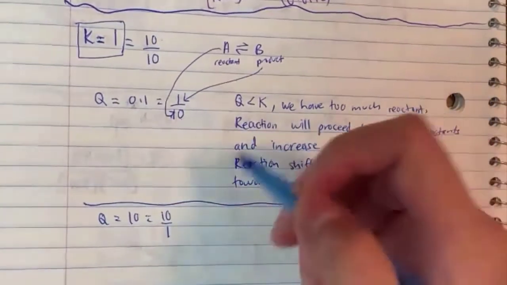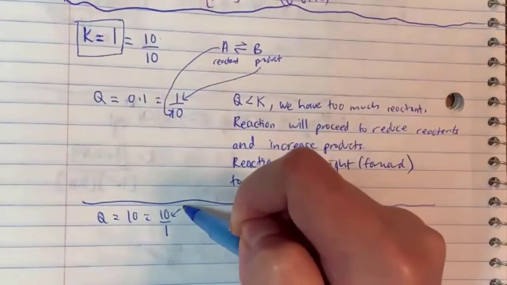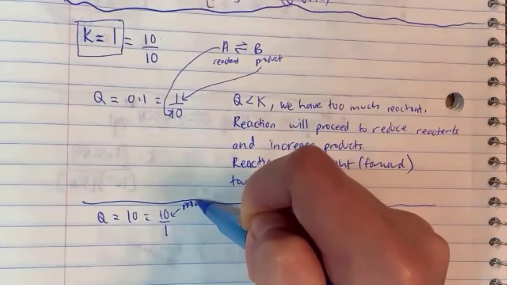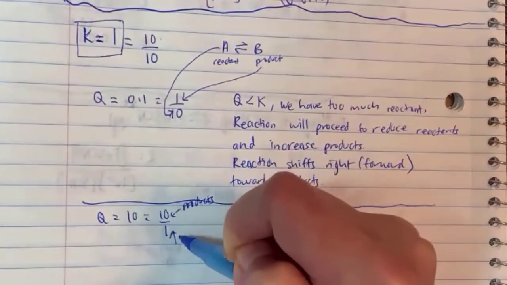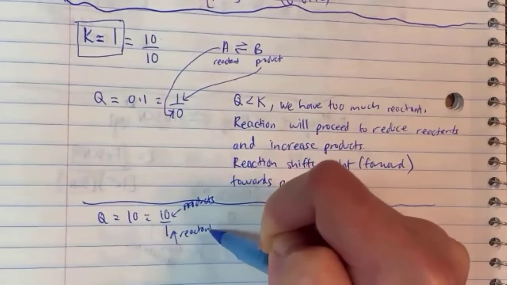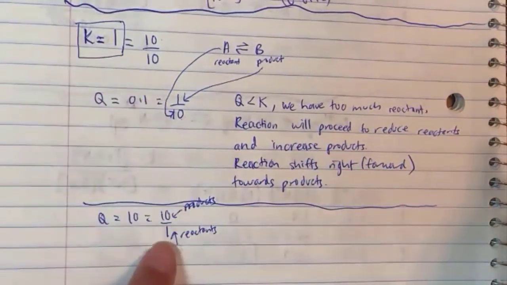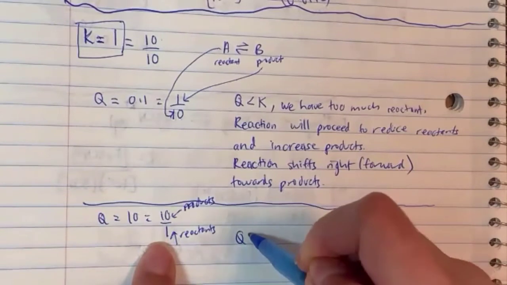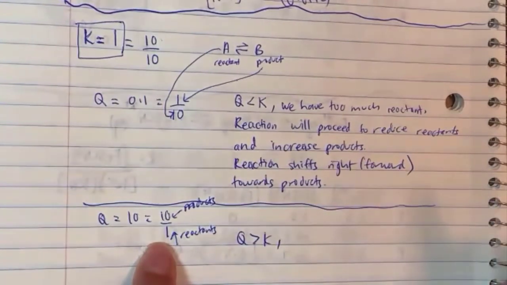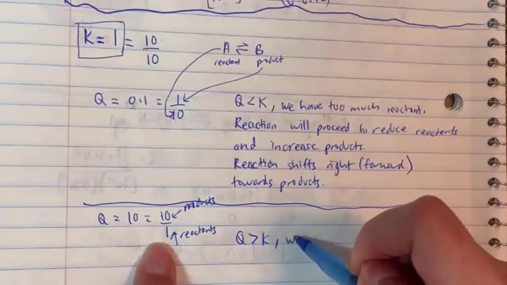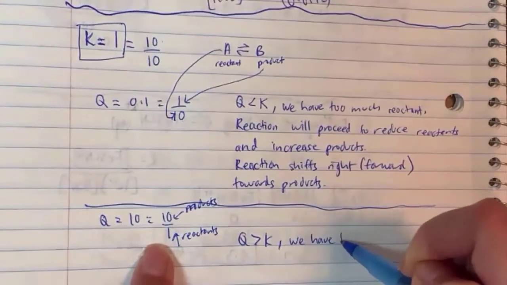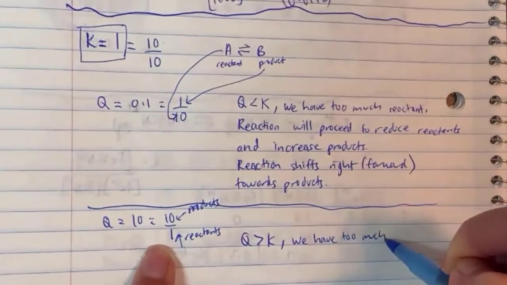Now you'll see, this is the product side, right? Products. And this is reactants. So if you were trying to get K as 1, you really have too much products now, okay? So Q is bigger than K, we have too much products.